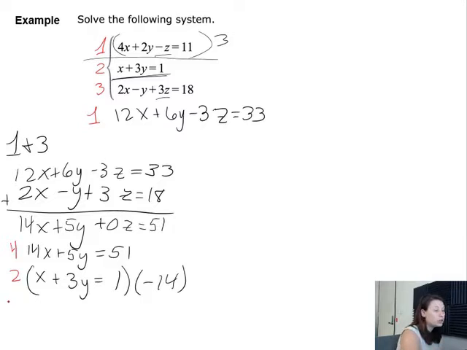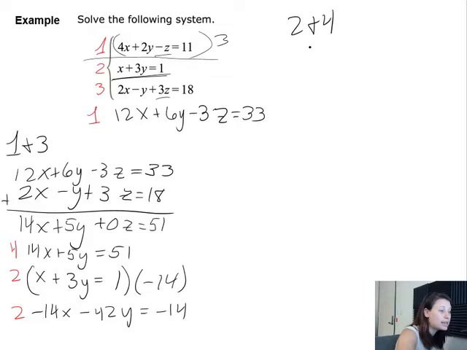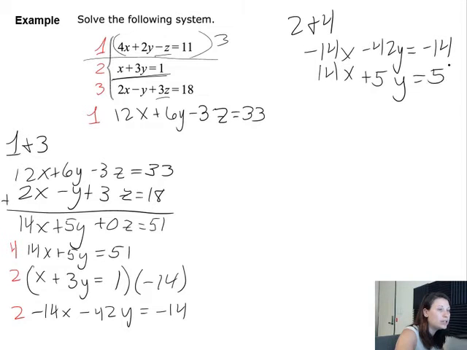So our new version of 2 is negative 14x minus 3 times 14, which is 42y, equals negative 14. So what we're going to do now is 2 and 4, so that is negative 14x minus 42y is equal to negative 14, and 14x plus 5y is equal to 51.